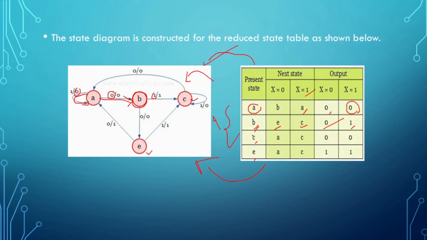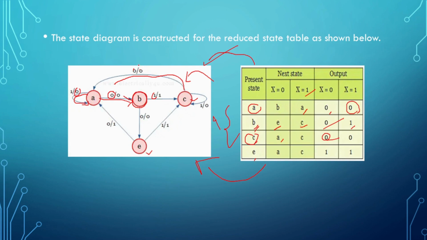Afterwards, draw the state diagram for this C and E. See, when input is given as 0, the next state of C is A. So you need to connect the C with A. The output will be 0. You need to mention 0 as input. In this table, the output is given as 0.